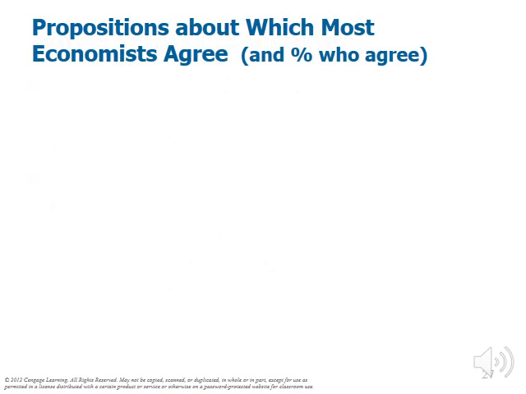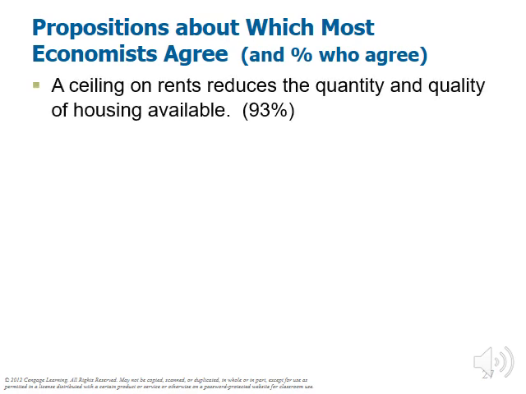Let's look at some. Rent ceilings reduce the quantity and quality of housing available. 93% of economists agree that if you have legal caps on rent, it discourages landlords from offering up places for rent or improving places, and it reduces the quantity and quality of housing available. Tariffs and import quotas usually reduce general economic welfare.